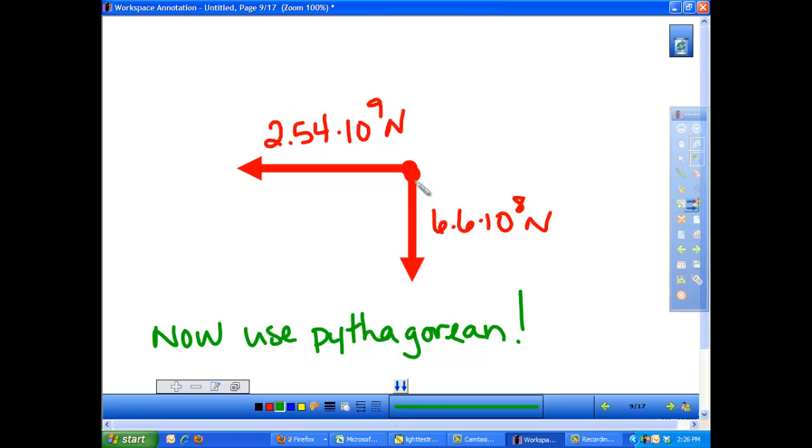I still have my down vector, but now my over and down vectors sit at right angles to each other, so I can use the Pythagorean theorem to figure out my resultant. Now remember, you have to add vectors tip to tail, right? So I'm going to move this guy over here. So my resultant force should travel in a diagonal somewhat like this.